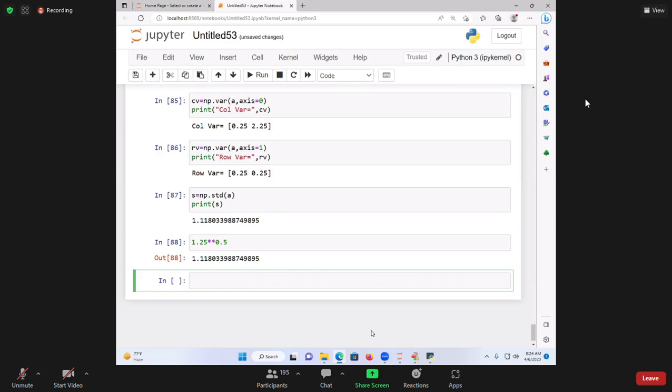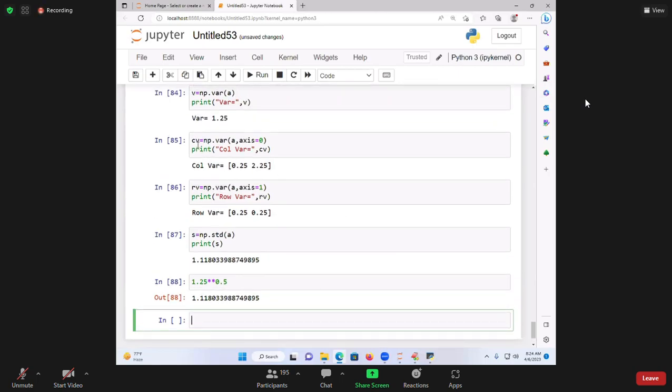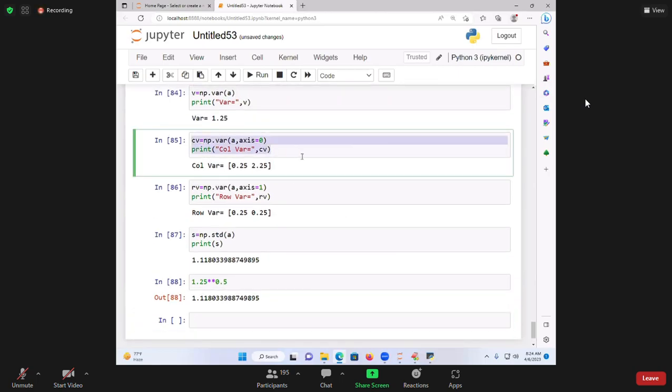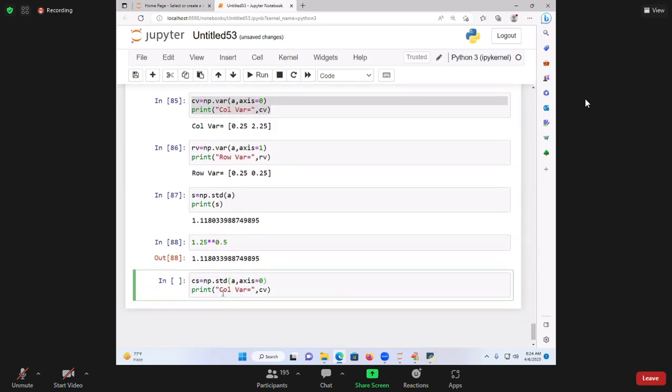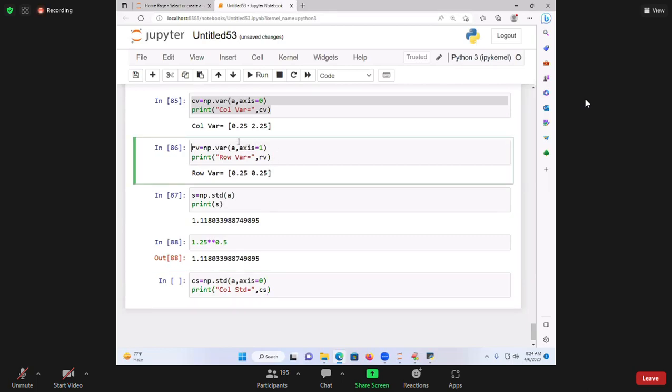Got it? Similarly, I want to get the standard deviation for columns also. Here I will write it. Column standard deviation, CS is equal to std of A, axis is equal to 0. What is the CS column?